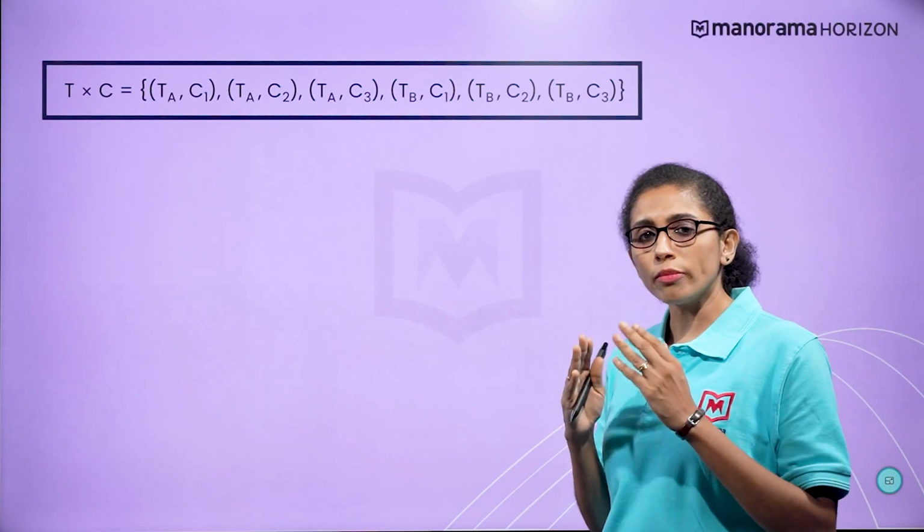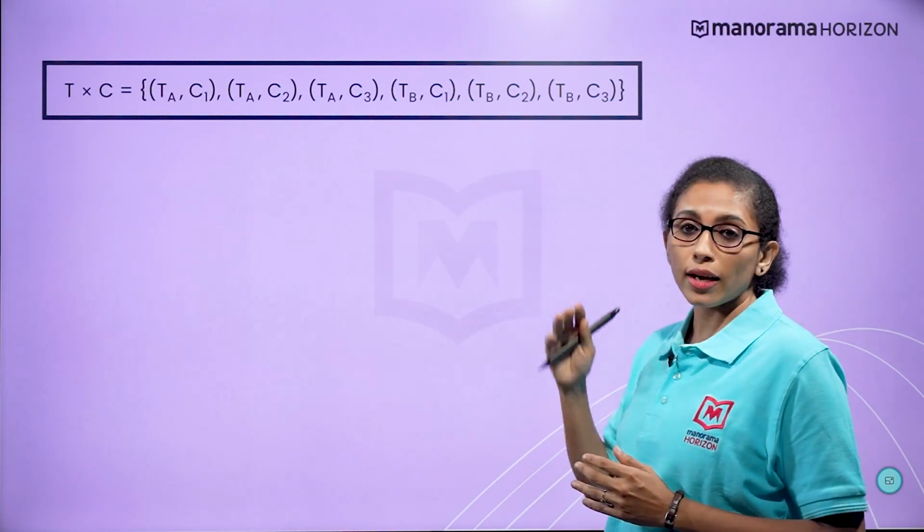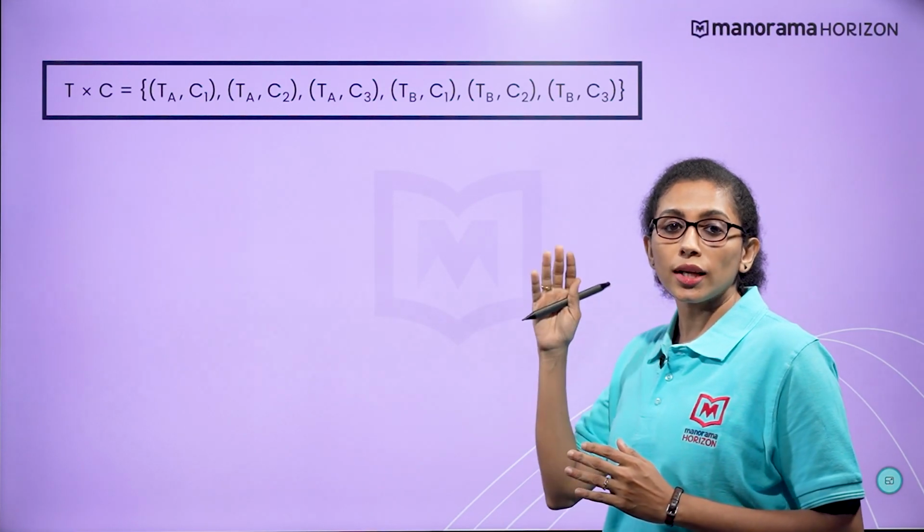Now tell me, how many ordered pairs have we got? As you can see, there are 6 pairs in the Cartesian product.